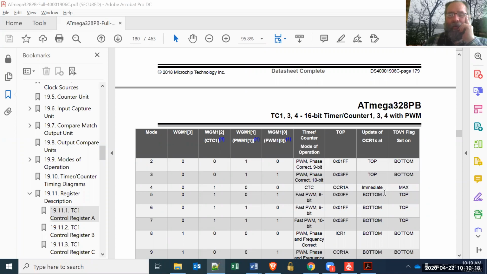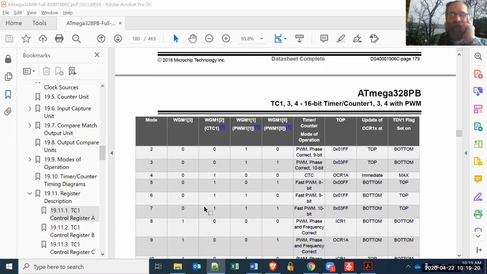Which of these modes looks the most like the one we were doing?